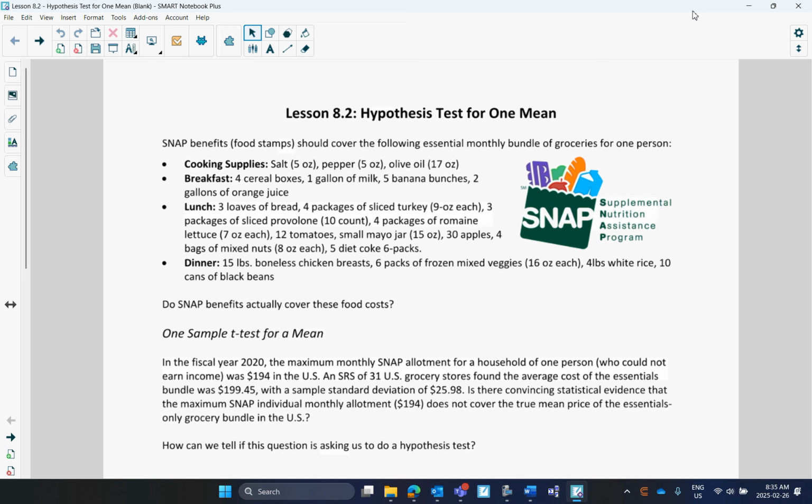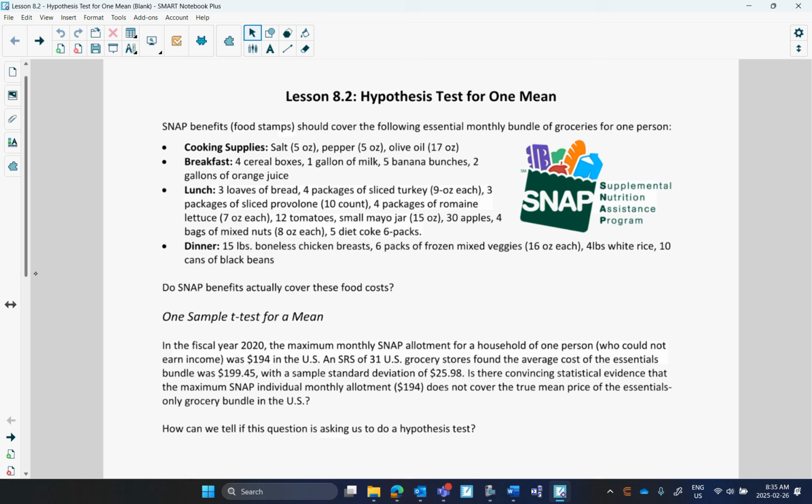So the example we're going to look at is something called SNAP benefits in the States, and it stands for Supplemental Nutrition Assistance Program. It is basically a benefit for those who can't afford groceries on their own. They can qualify for these SNAP benefits.